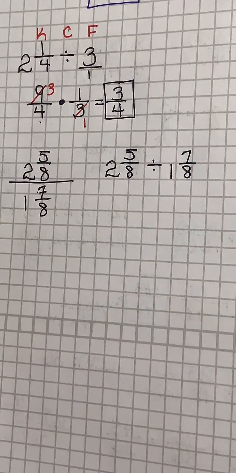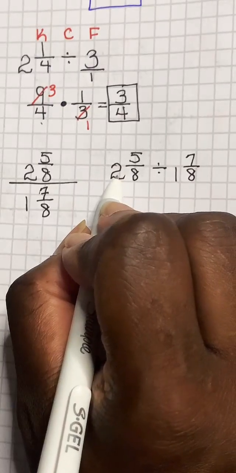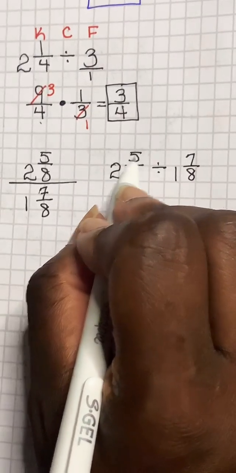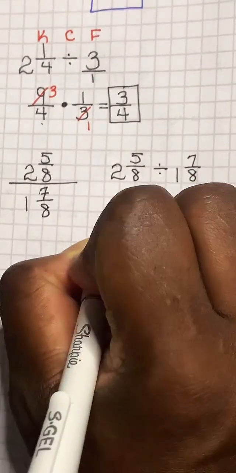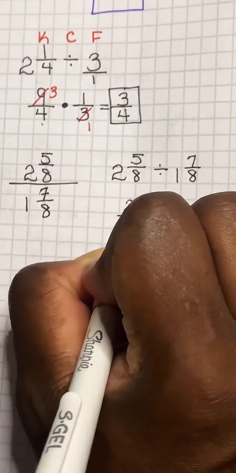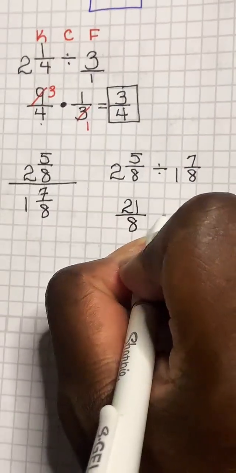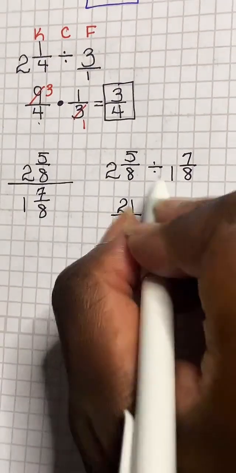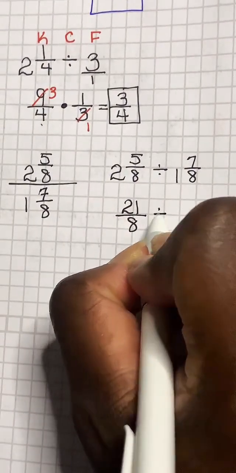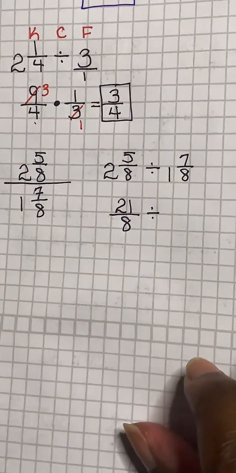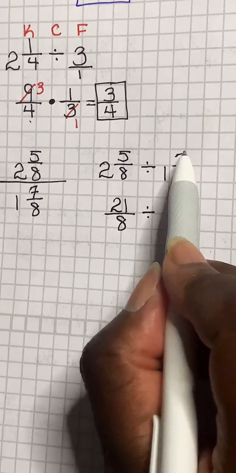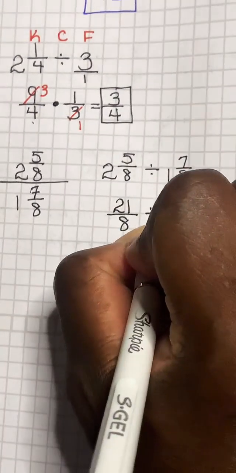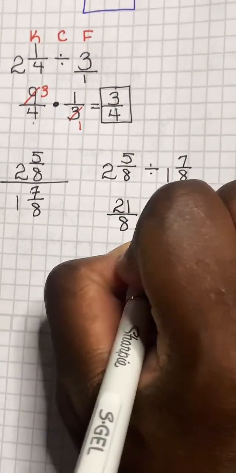So we can do 8 times 2, which gives me 16, and 16 plus 5, that gives me 21, and that's 21/8. Let me go through step by step so everyone can see where it's coming from. Then I do 8 times 1, which is 8, plus 7. That gives me 15 eighths.